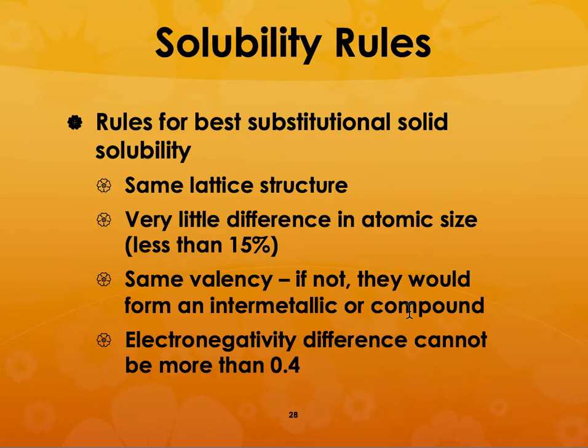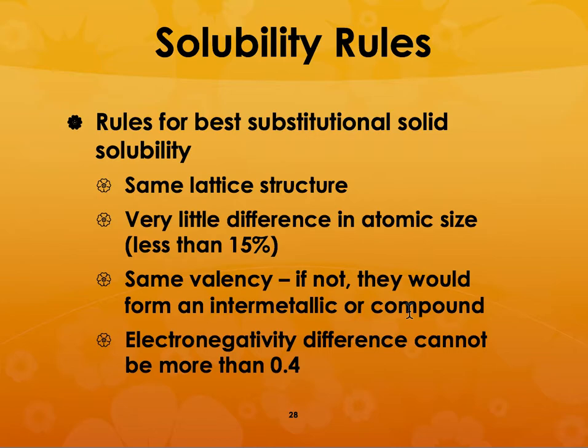So the rules for the best substitutional solid solubility are, first of all, they have to have the same lattice structure. And second of all, there should be very little difference in atomic size between the two types of atoms. The third important requirement is that they should have the same valency.